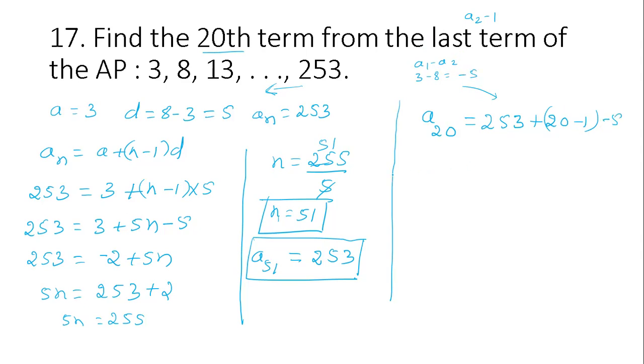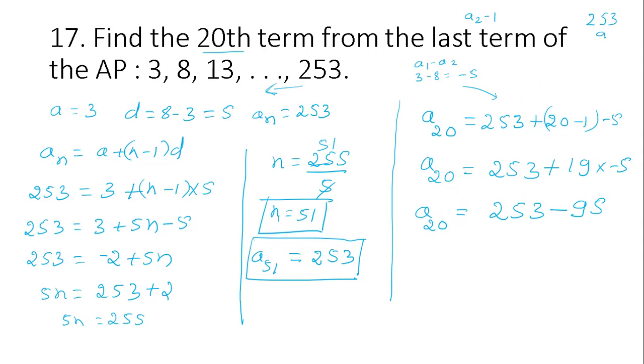So A20 is equal to 253 plus 19 into minus 5. A20 is equal to 253 minus 95.